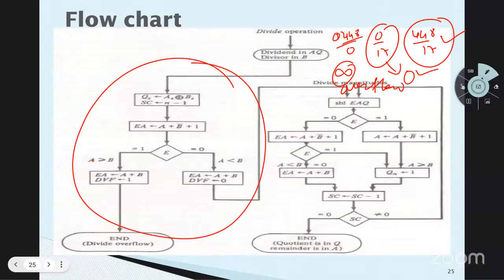Next, A less than B, then division overflow equal to 0. Again, and it is coming to here. Next, the division operation starts here. Okay, then shift left operation.